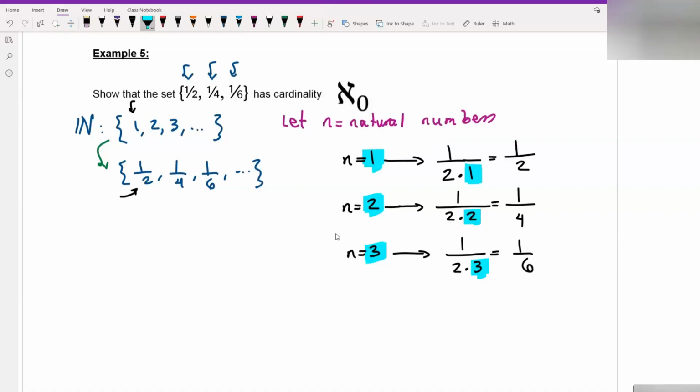Meaning that our map is n to 1 over, because on top for all of these we have 1. So the numerator, all these are the same, that is 1, that's why I'm using 1 on top. And the denominator, based on the numbers that we have here, 2, 4, 6, those are multiples of 2. So it's 2n.